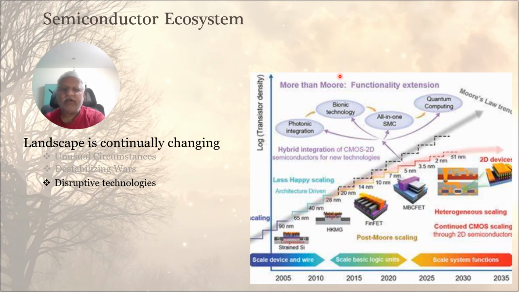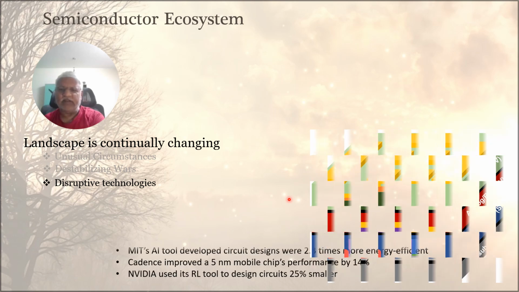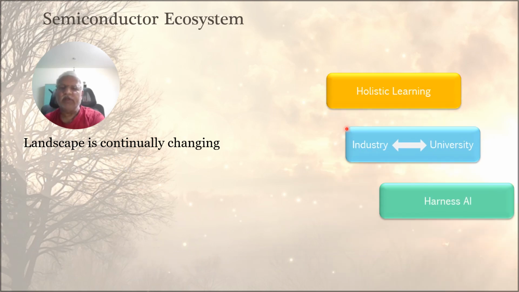So what we need to do at our level is, as I was mentioning, 3D IC is also a disruptive technology. At our level, we need to improve holistic learning, in the sense that we need to learn not only our specific domain of interest, but also the neighboring domains, so that we understand how the data flows.